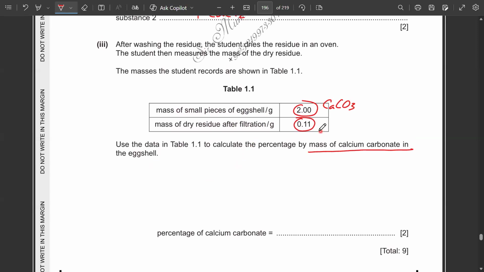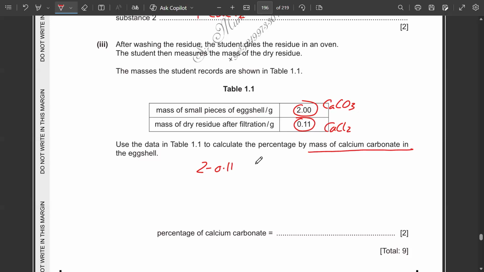So the smaller pieces after drying the residue, it contained the CaCl2. The residue was CaCl2. We have to subtract the mass to find the mass of the calcium carbonate present in it.